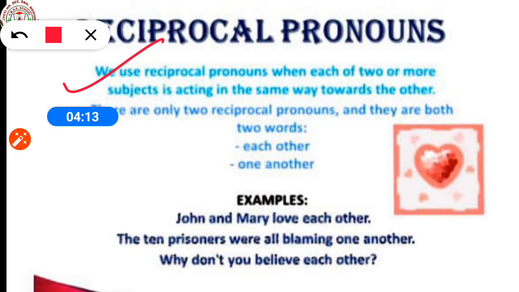So we use reciprocal pronouns when each of two or more subjects is acting in the same way towards the other.